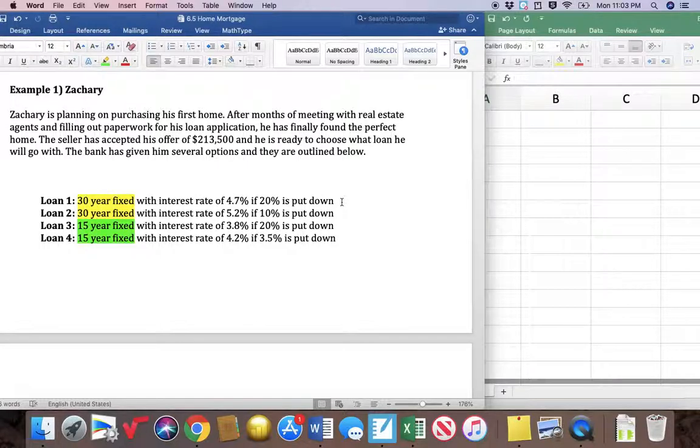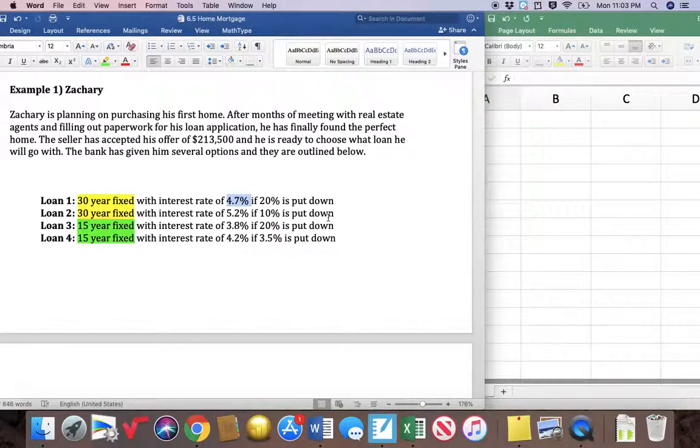So when I say 20% is put down, what I'm referring to is a down payment. So while the seller has agreed to accept this offer of $213,500, the bank is saying if you put down 20% of that amount, we will give you this interest rate of 4.7%.